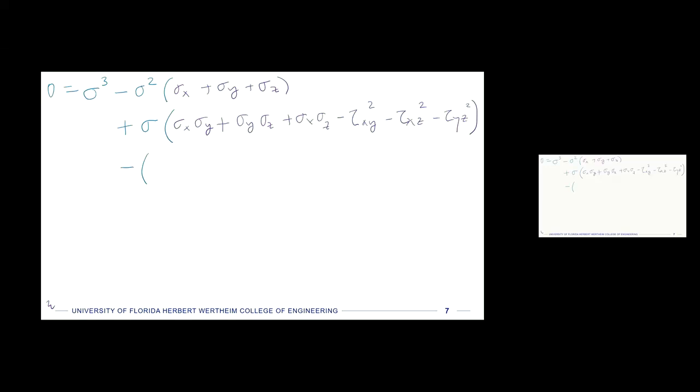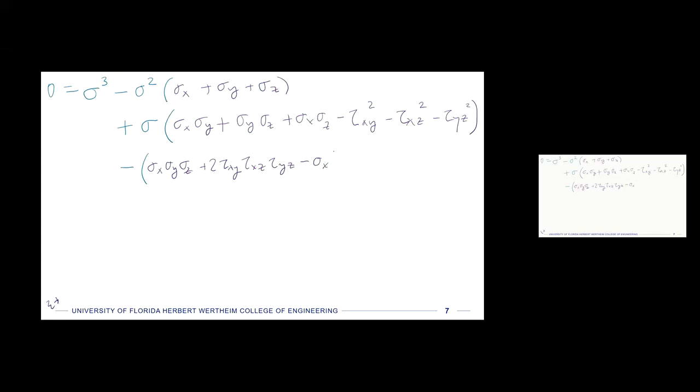And then the one on the bottom is long as well, minus. Then we have multiply all of them together. Sigma x, sigma y, sigma z, plus 2 times all the taus. Minus some combinations of those.